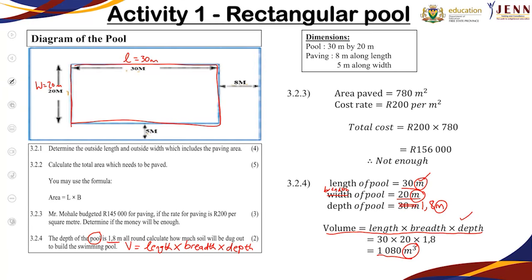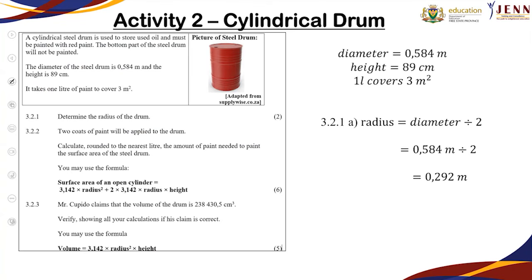All right, let's go to the second activity. And this one, I took it from the Western Cape, September paper 2, okay? So it's about a cylindrical drum. If you know it in Sotho, we call it tromolo. Yeah, okay. Now, let's read what this question is about.